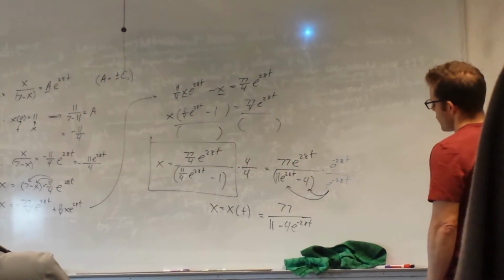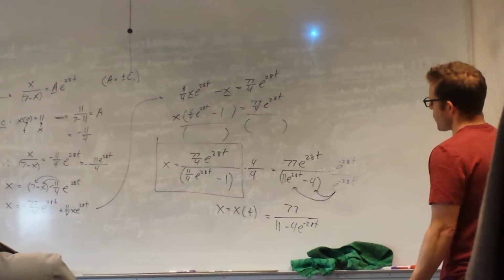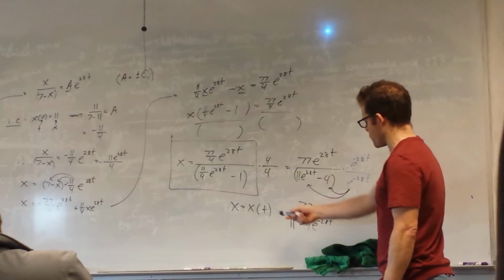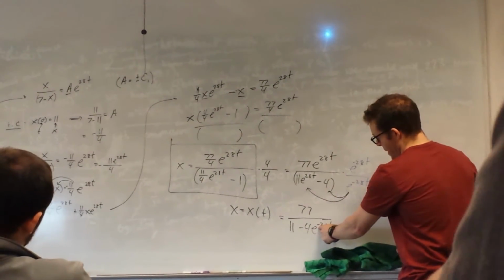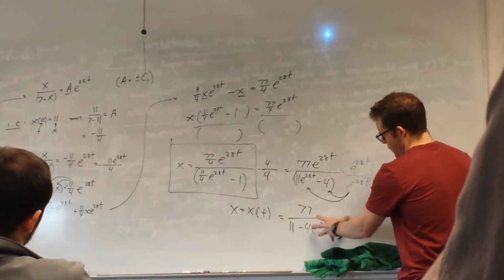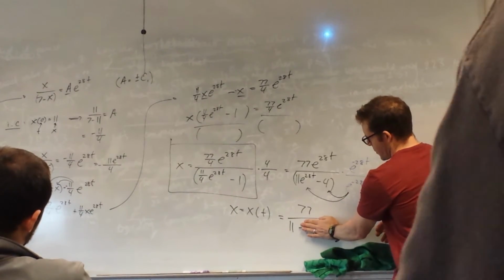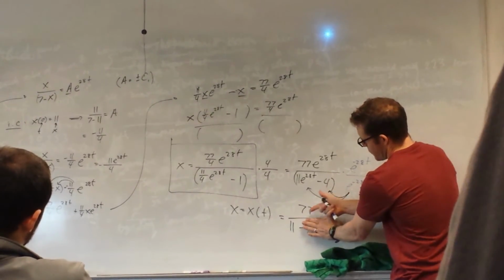You can find the limit as well. The one thing that's nice about this, again, is that as t goes to infinity, you can see this e to the negative power, e to the negative infinity, is approaching 0 asymptotically, so this term drops out to 0, and the limiting value would be 77/11ths, right?